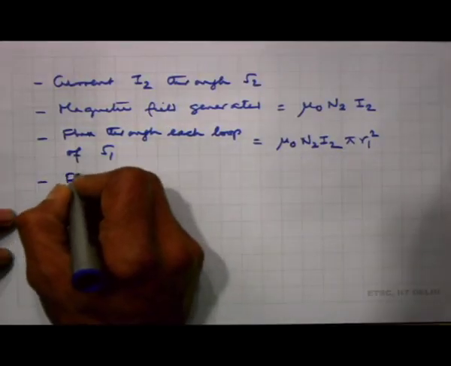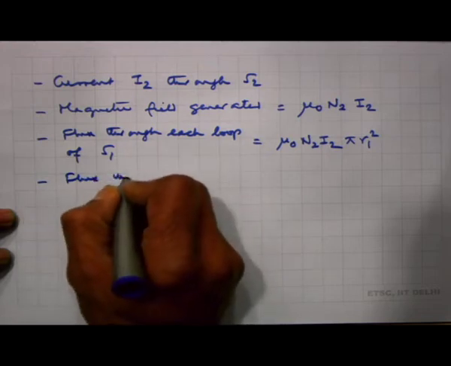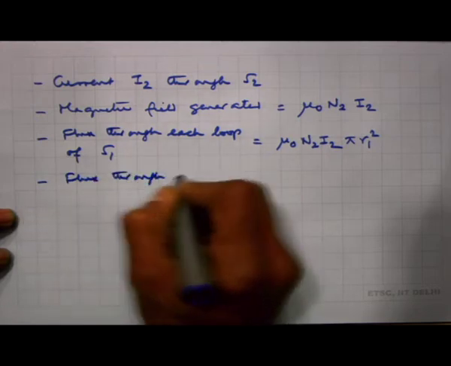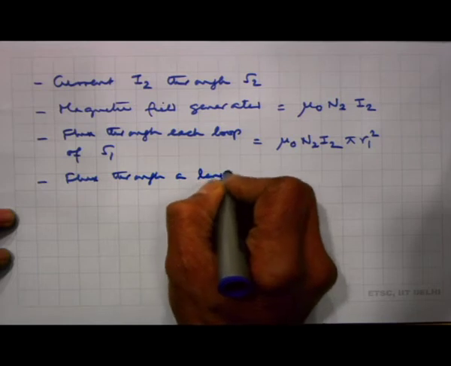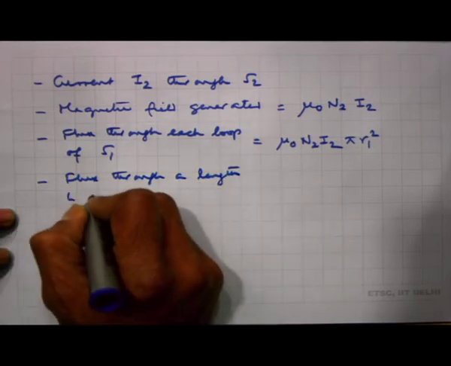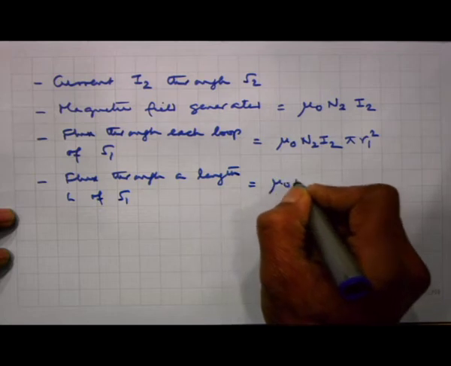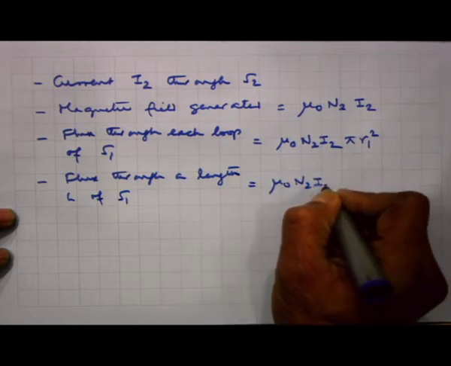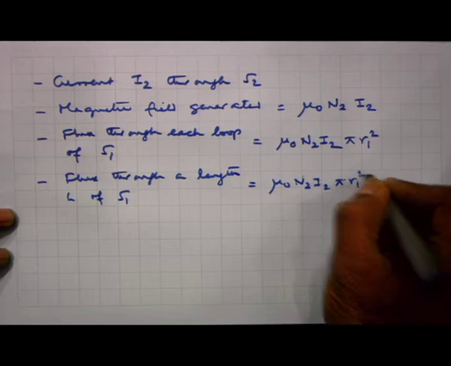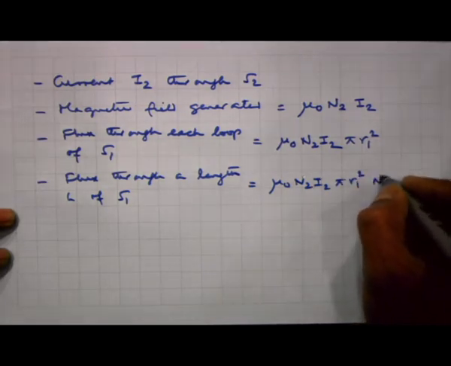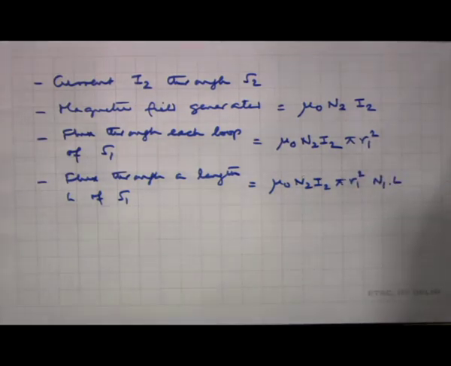So, the flux through a length L of S1 is equal to the flux through each loop into N1 into L. N1 is the number of turns per unit length multiplied by the length.